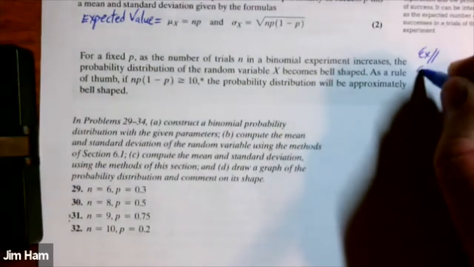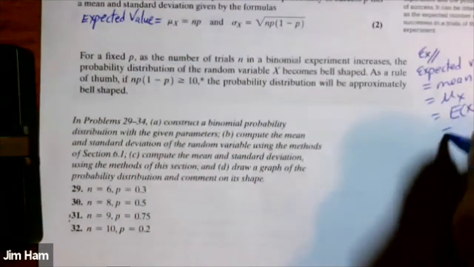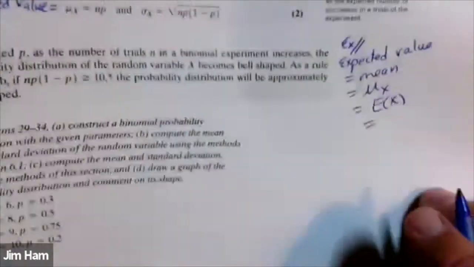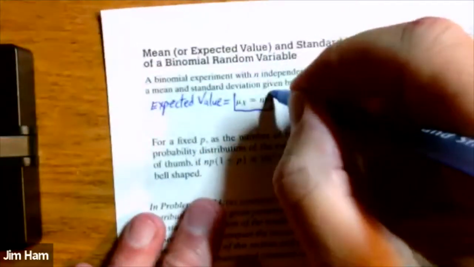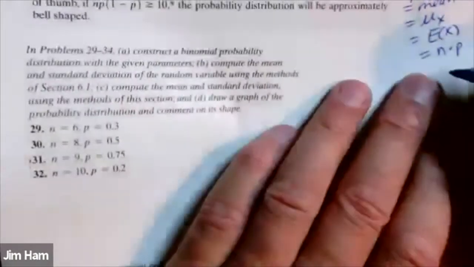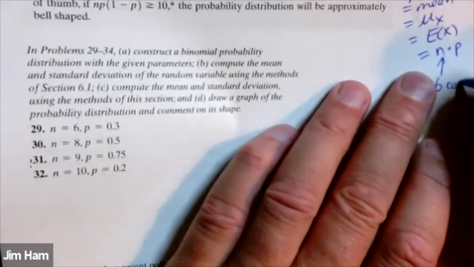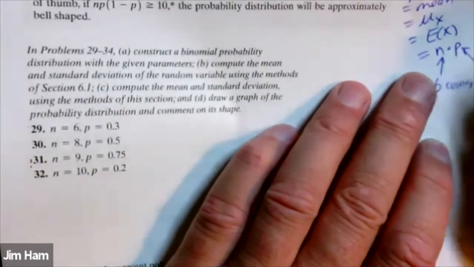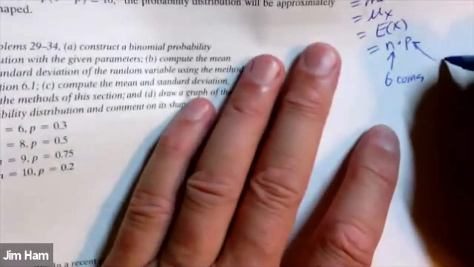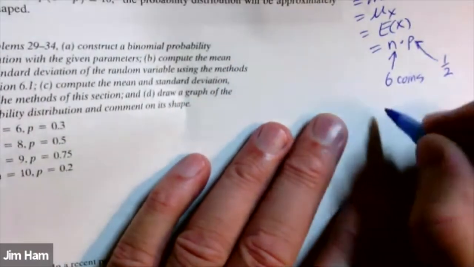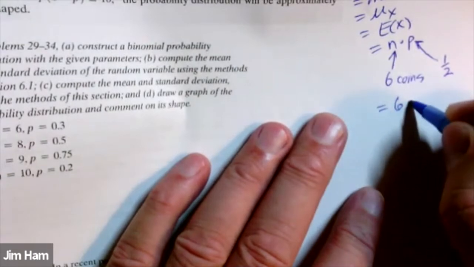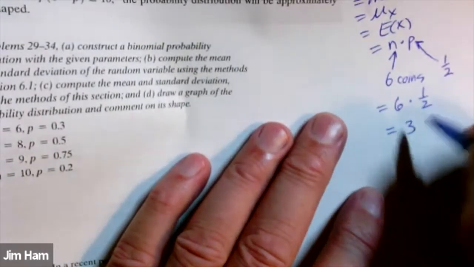But here it is. All of these things kind of mean the same in this context. And we know now that this is n times p. Here's the formula, n times p. So if you flip 6 coins and you're counting the number of heads, and the probability of getting a head on any one toss is 1/2, then you would just take the 6 and multiply it by 1/2 and get 3.